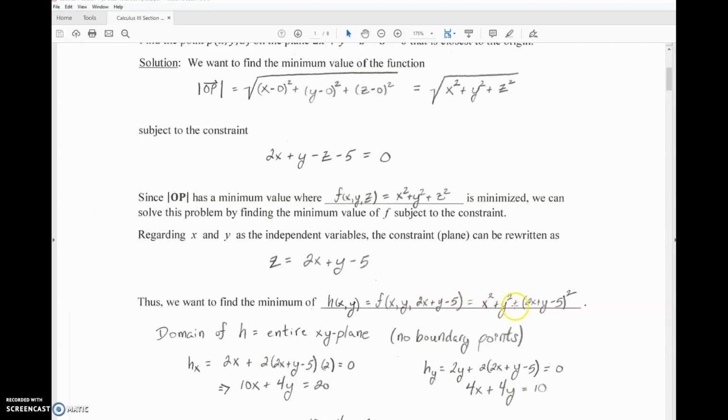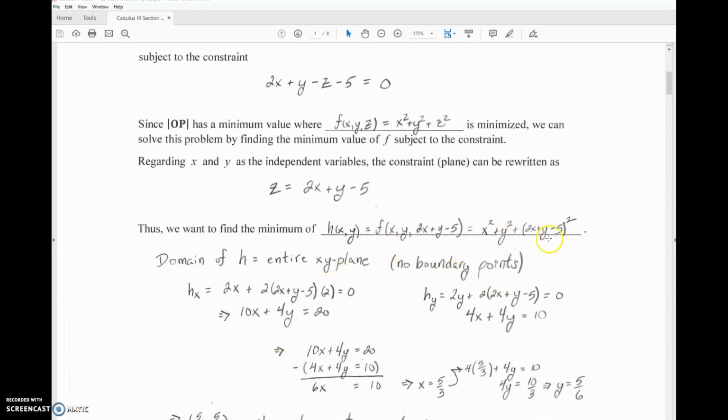So that's x squared plus y squared plus (2x plus y minus 5) squared. Now I don't have to worry about the constraint. I forced it in by putting it in here as a change of variable. So now I can look at the domain of this h, which is the entire xy plane, has no boundary points, and I can go back to finding the local extrema using the first and second derivative test.